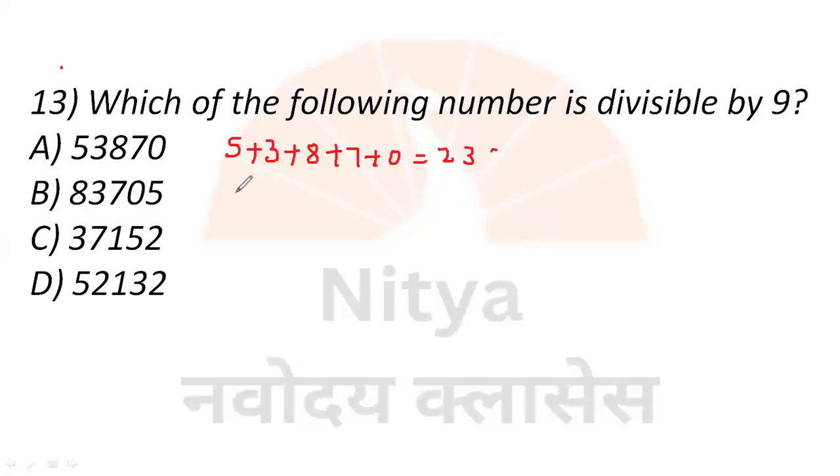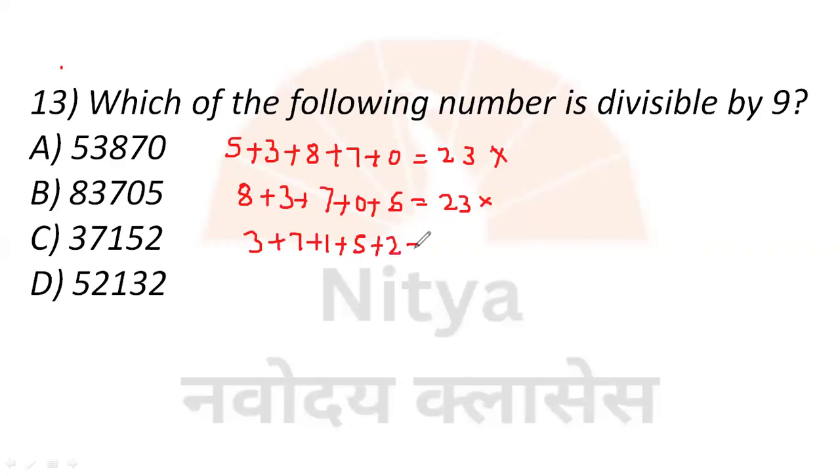The next one is 8 plus 3 plus 7 plus 0 plus 5. When we add, we get 23 again. So 23 is also not divisible by 9. The next, 3 plus 7 plus 1 plus 5 plus 2.